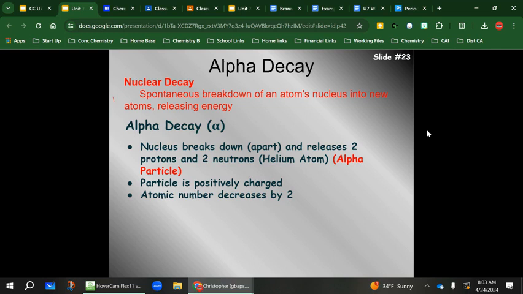So if this new helium atom takes with it 2 protons, the original atom then goes down by 2 protons. What that means, ladies and gentlemen, is if there is an isotope of uranium and it loses 2 protons, what does it become?